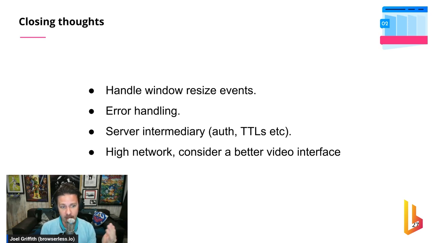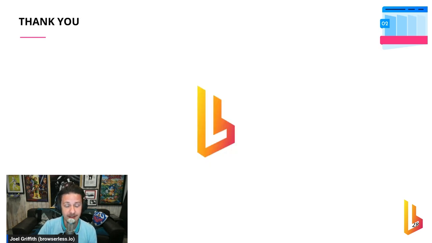So handling things like auth, TTLs, things of that nature, maybe limiting what that user could do, if they can navigate to certain pages, if they can't. The last thing I'll stress is this is very, very novel, proof-of-concept-y almost. It's a lot of network bandwidth. You might consider moving over to a better network, like a streaming interface of some kind, if you can. But yeah, that's about it.